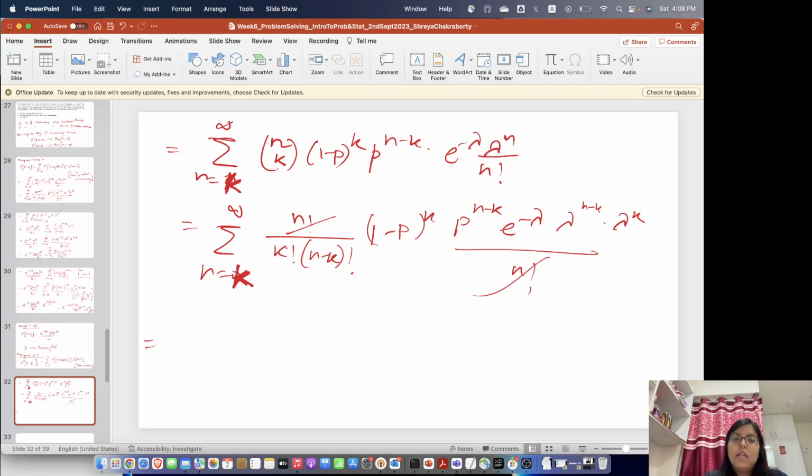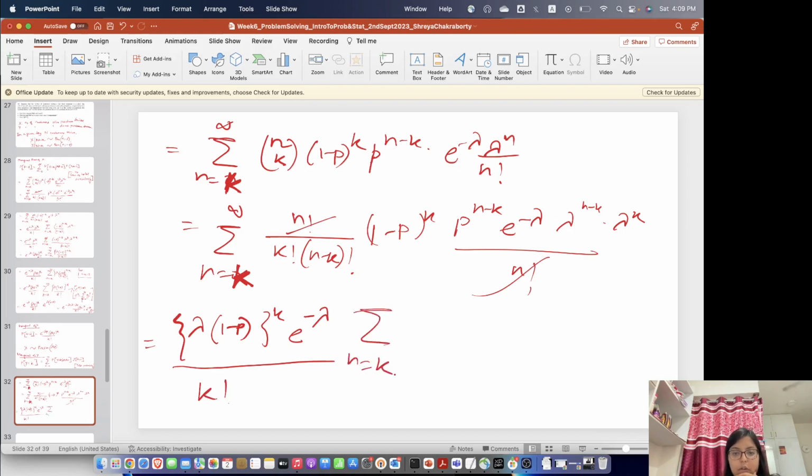Fine. So here again we'll take all k terms out. So what will we do? Now we'll take lambda (1 minus p) whole to the power k out, e to the power minus lambda out, k factorial out, summation n equal to k to infinity p to the power n minus k lambda to the power n minus k, so (lambda p) whole to the power n minus k by n minus k factorial.